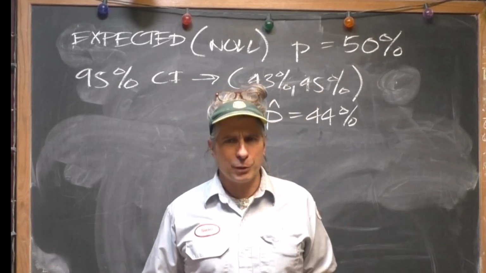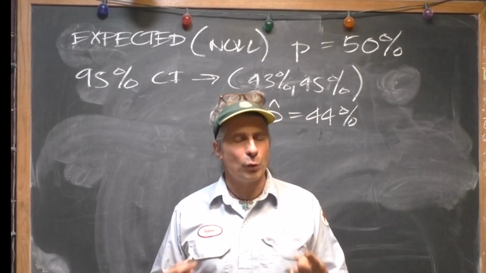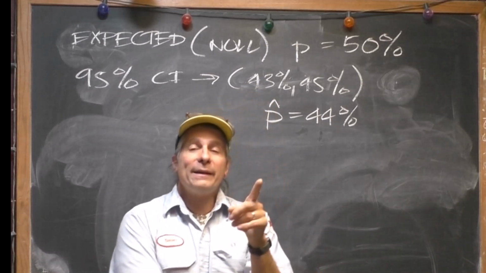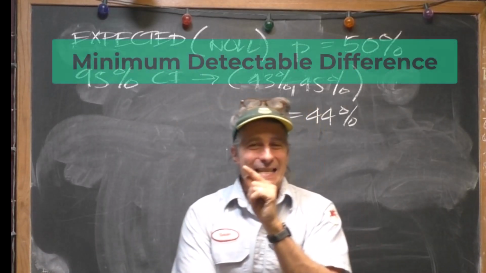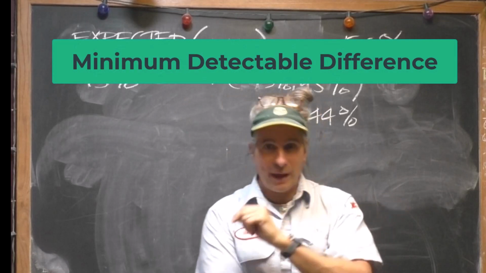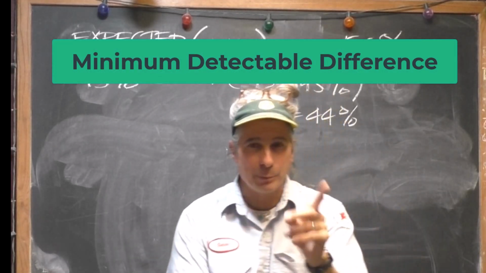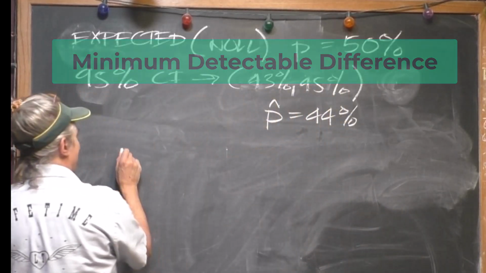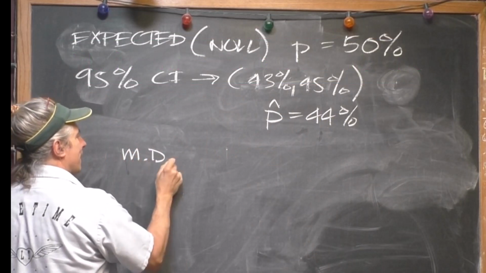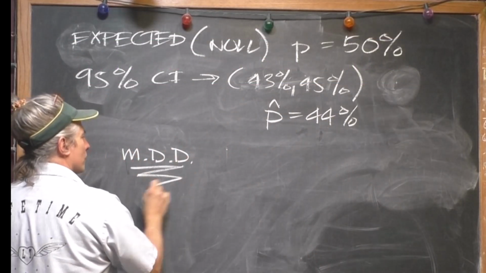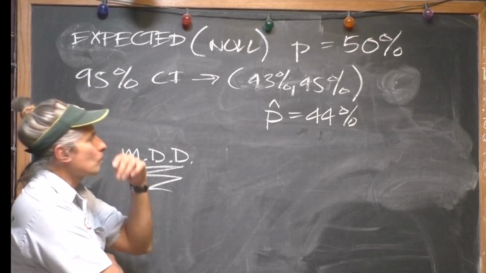There are many measures that are used, but two that I keep seeing over and over again. One is called the minimum detectable difference. We'll do that one first. The minimum detectable difference, better known as MDD. That's what you'll often see in papers.